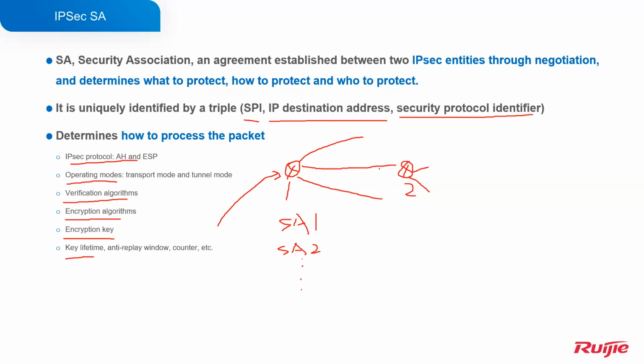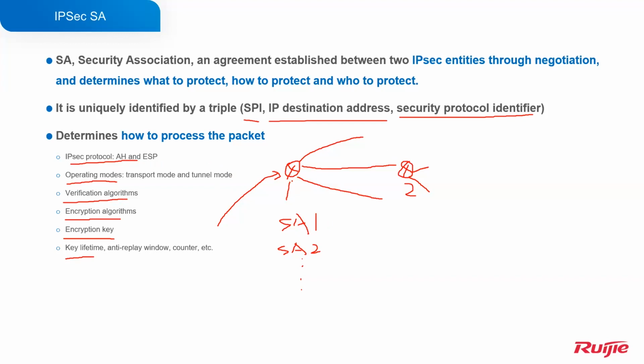If the message is a ping message, ICMP, I think AH is enough. But if your message is a voice message, I think this needs high security. Maybe we will choose ESP. So different choices, and different algorithms, must be located in different SAs.